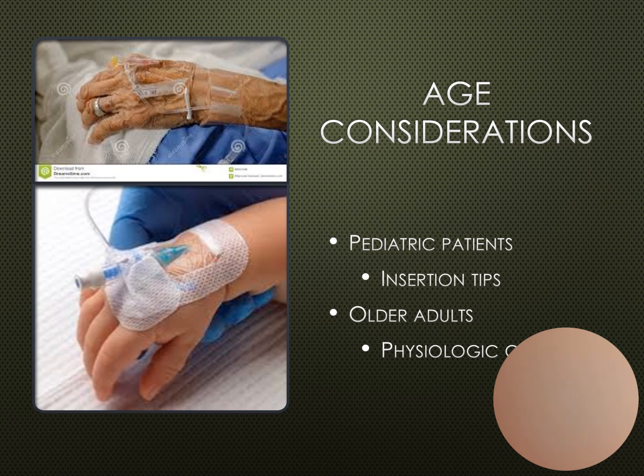Central veins are going to be recommended for therapy that lasts longer than 1 week. We can do the percutaneous central venous catheters. This would be jugular veins in neonates and infants, subclavian veins in an older child, and occasionally the femoral vein. We can also do the peripherally inserted central catheters, or PIC catheters.